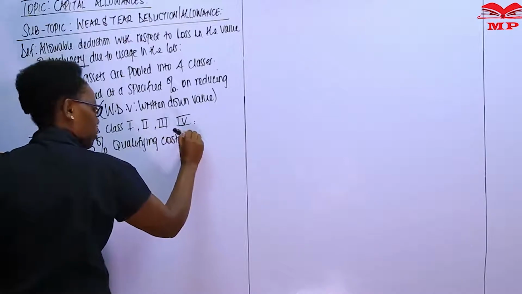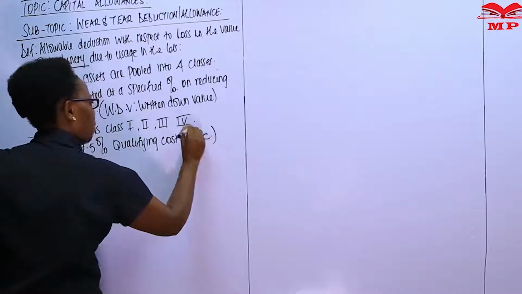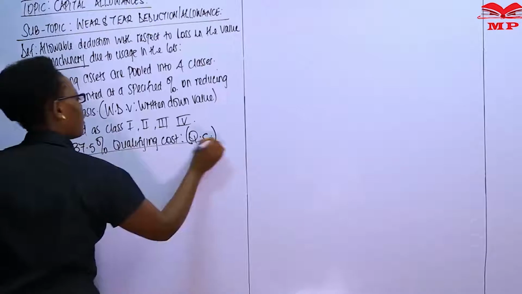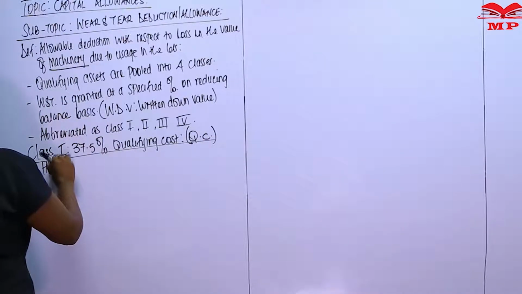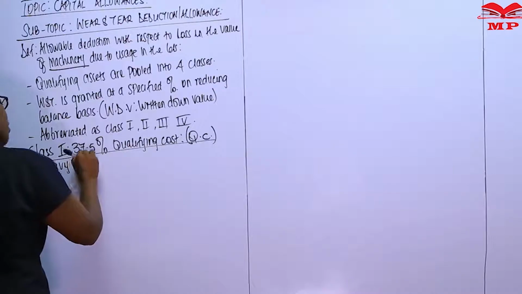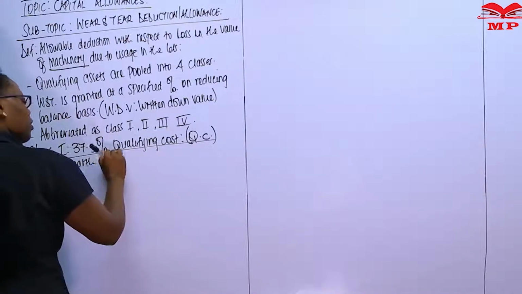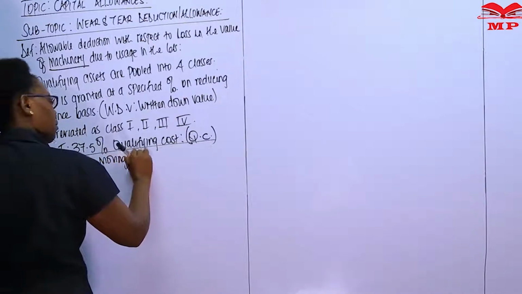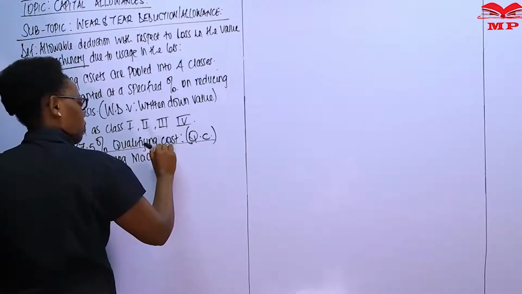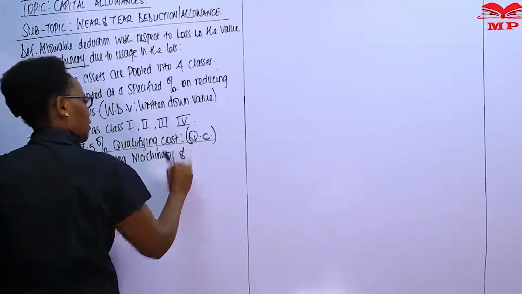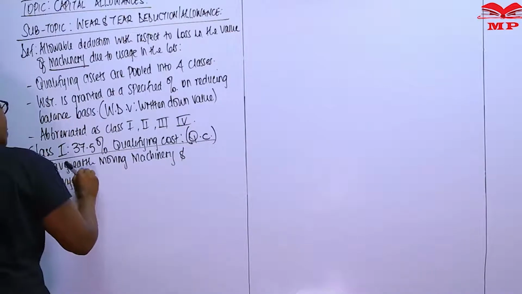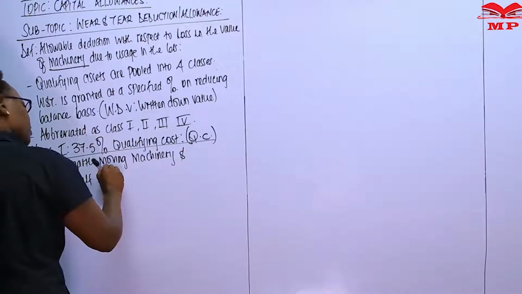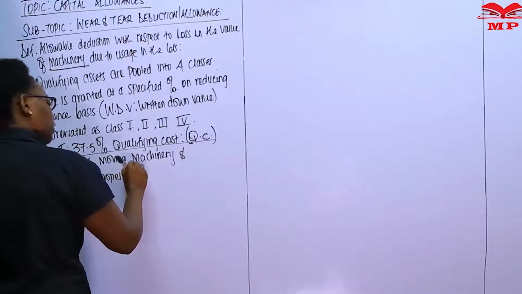We're going to abbreviate qualifying cost as QC. This is a class for heavy earth moving machinery and heavy self-propelled machinery.